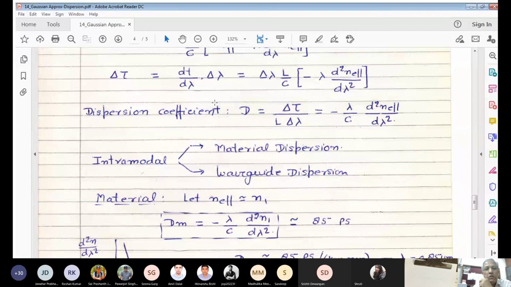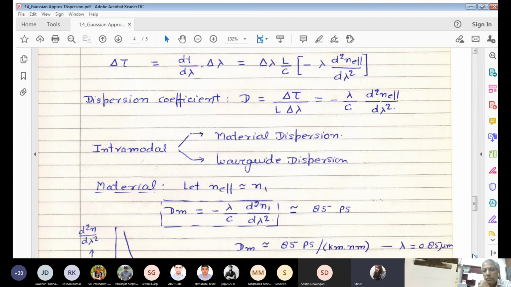So the group velocity of higher wavelength is lower as compared to lower wavelength. If your dispersion coefficient is negative, it means your dt by d lambda is negative. So higher wavelengths are taking less time, higher wavelengths are traveling faster. So that is the physical meaning. Okay, sir. Thank you, sir.